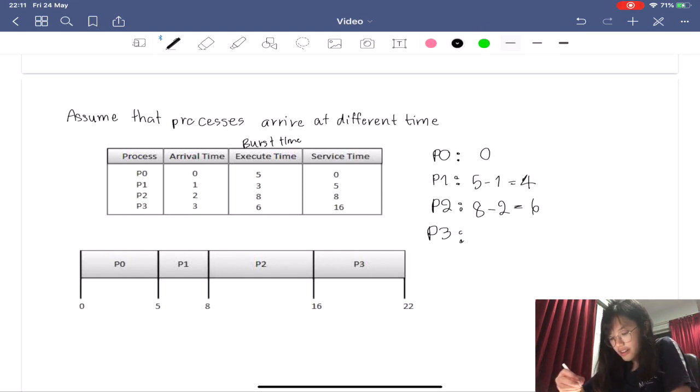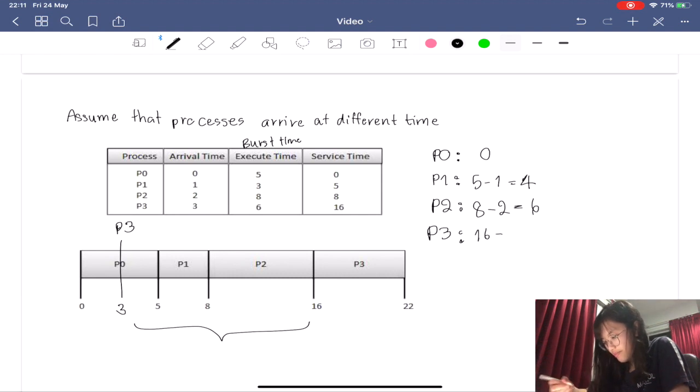P3 arrives at 3. And it has to wait for this time. So 16 minus the arrival time, we get 13.